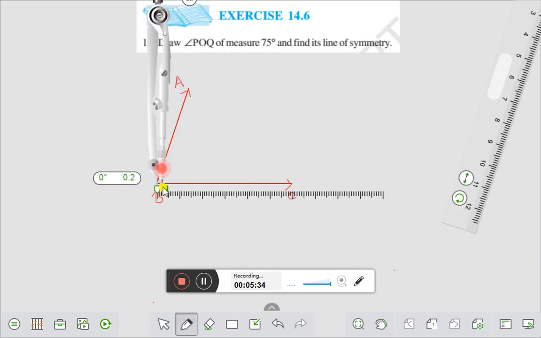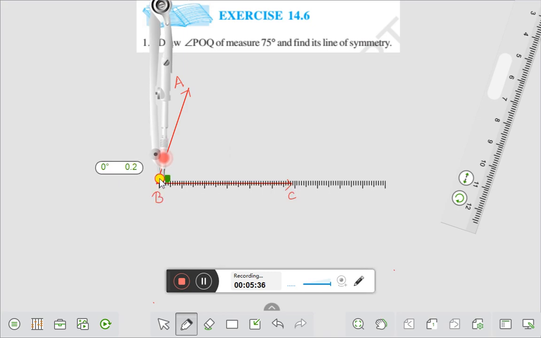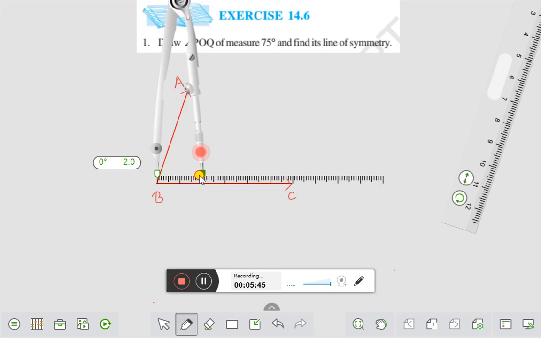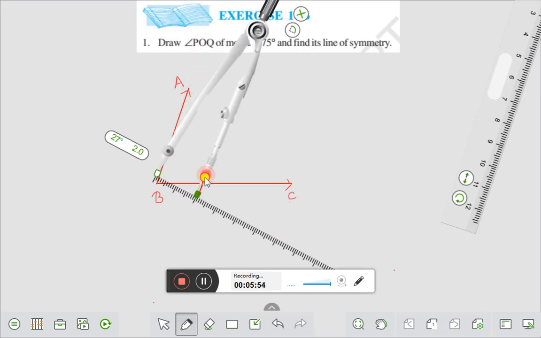Here you have to take one arc, put this pointer at point B, and take an arc. Suppose this arc we have taken, that is 2 centimeters, and make an arc, right?